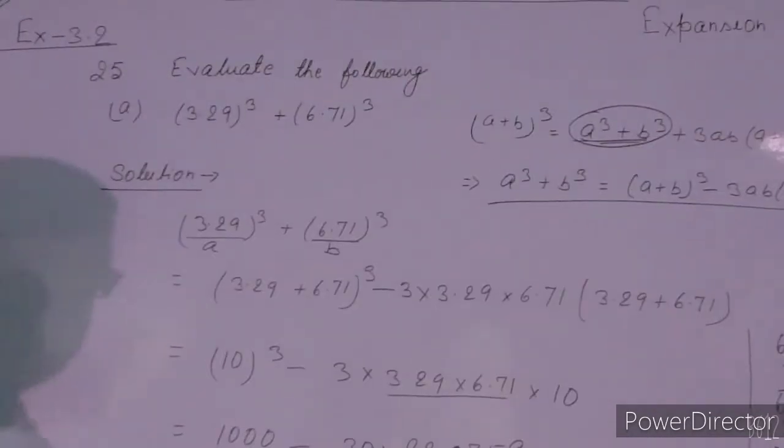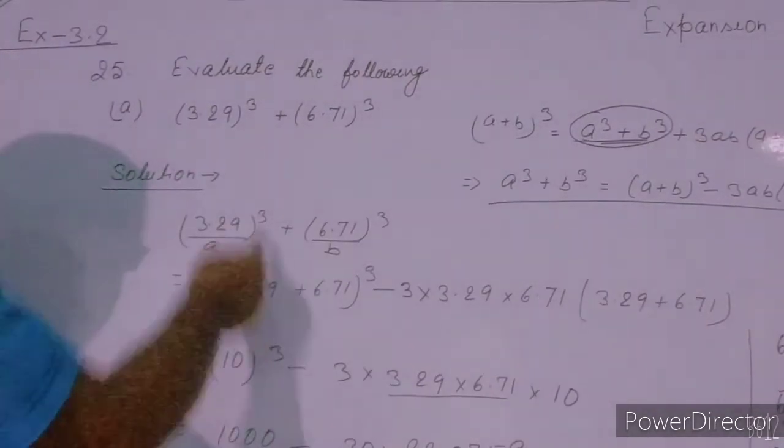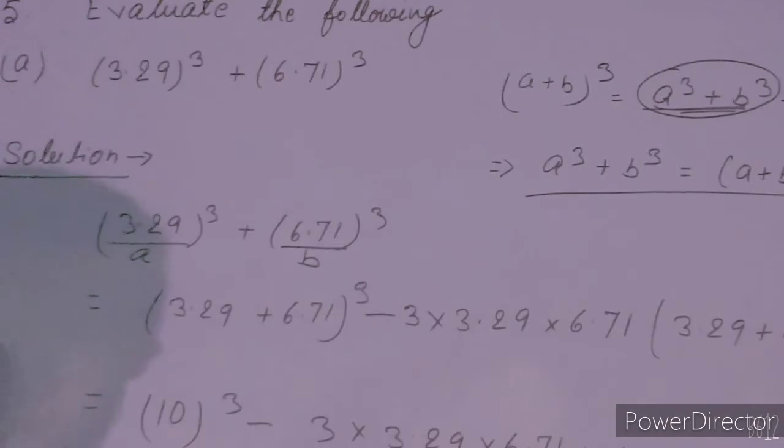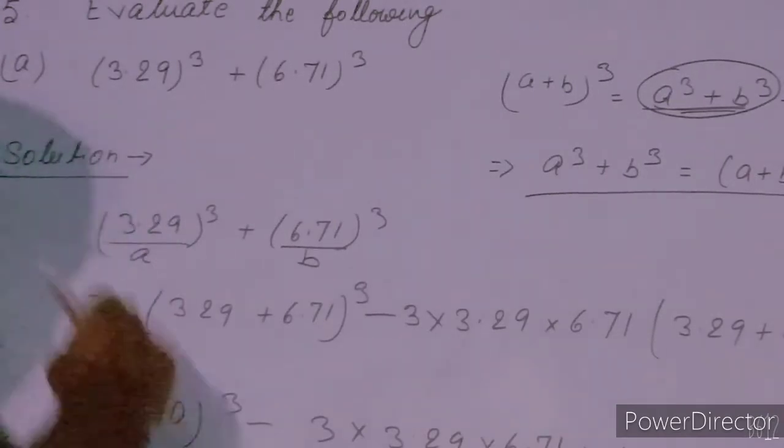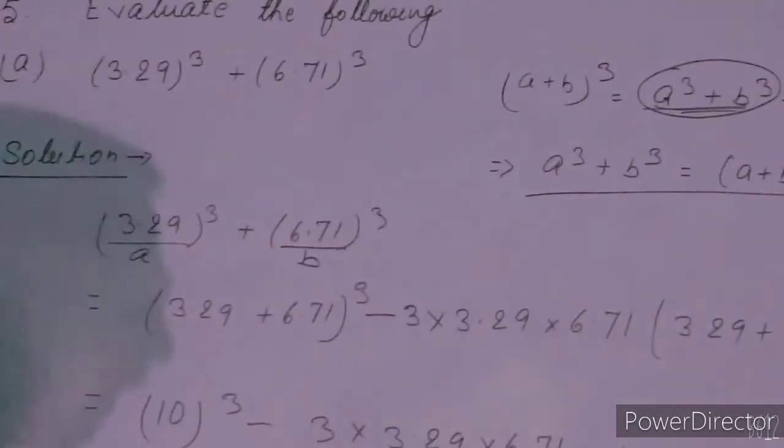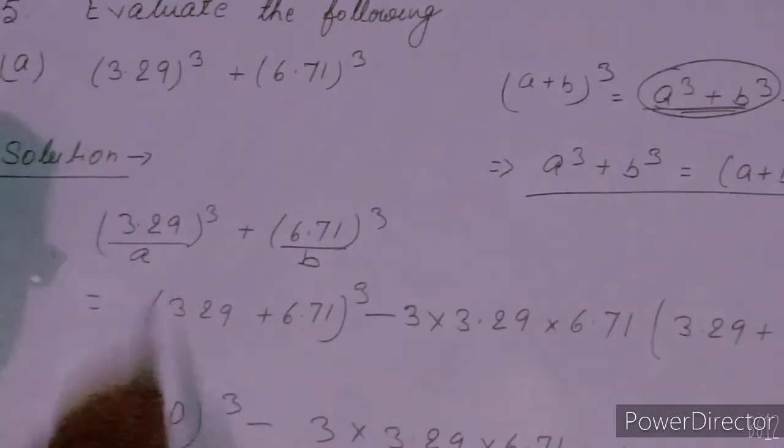We come to the solution. I have written (3.29)³ + (6.71)³. At the place of a we have 3.29 and at the place of b we have 6.71. So this is a³ + b³.